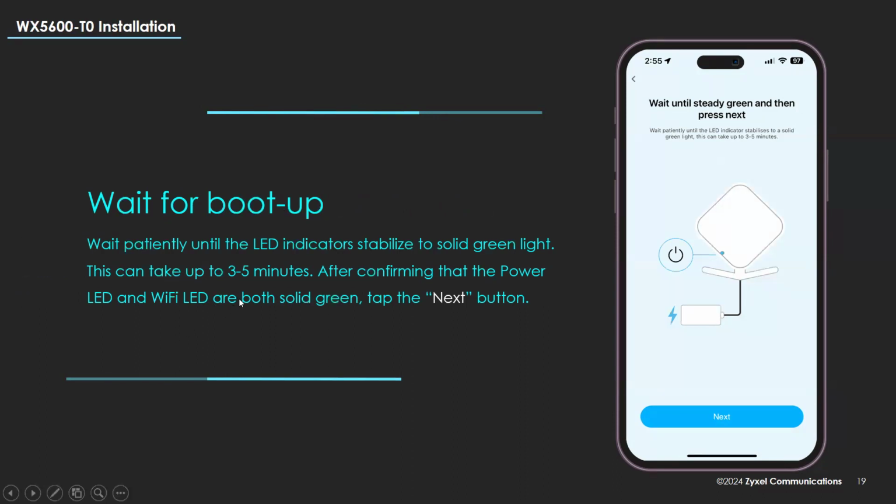The whole process will probably take about 3 to 5 minutes. After the device boots up successfully, you need to make sure that the power LED and the Wi-Fi LED are both in a solid green status. If we confirm that the LED works fine, then we just tap the next button to go to the next page.